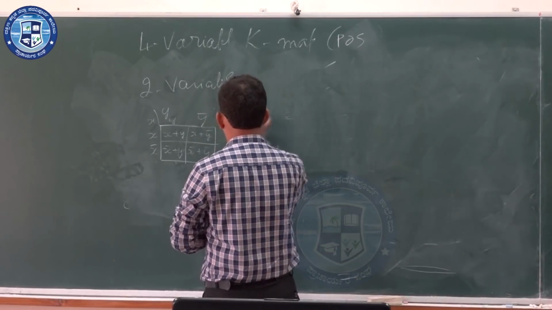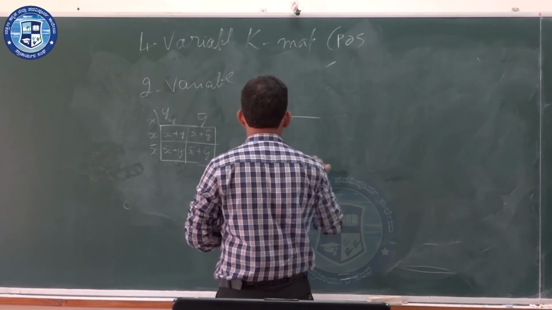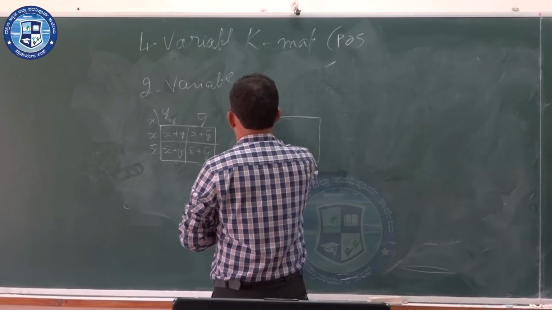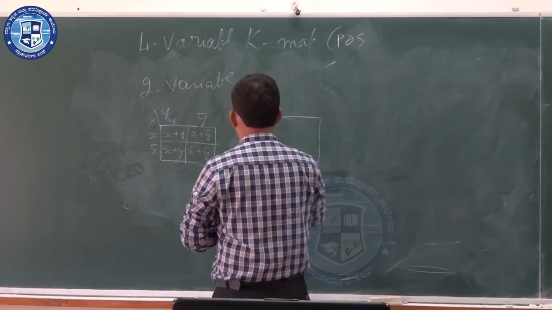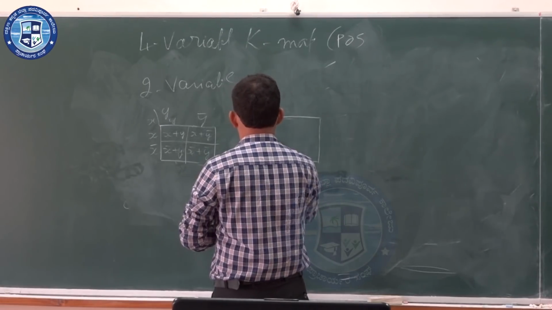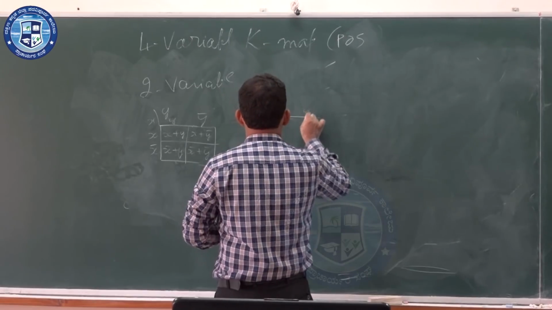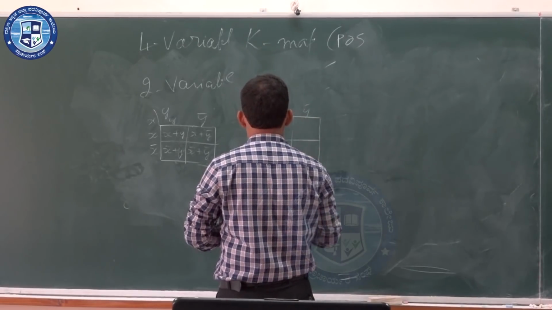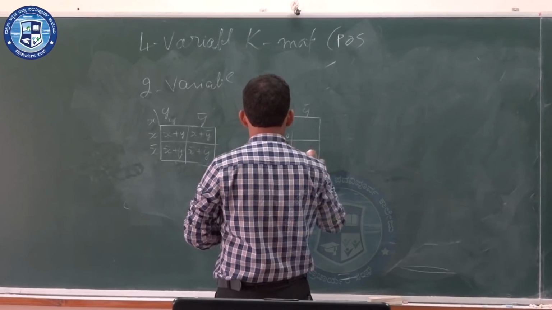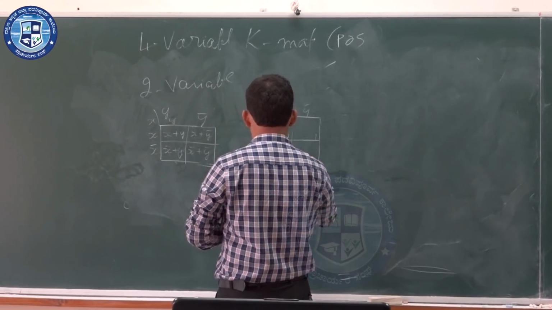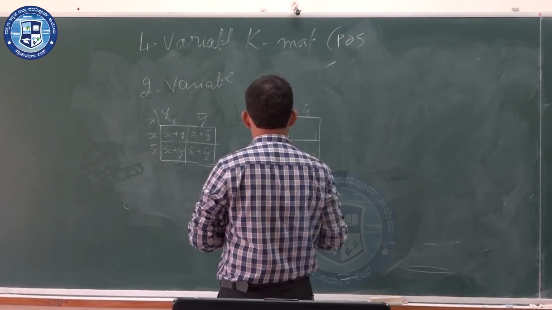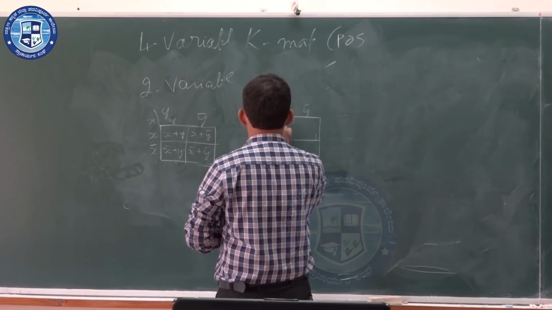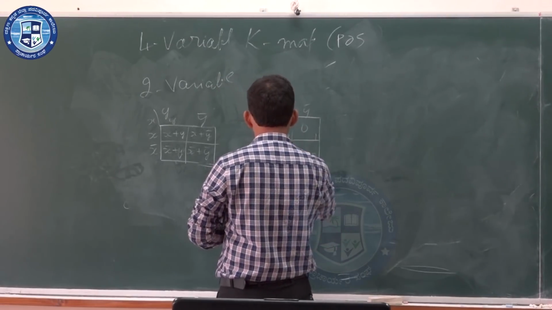So, writing in terms of x and y, x x bar, y y bar, it is 0, 1, 2 and 3. Here I write zeros instead of 1.